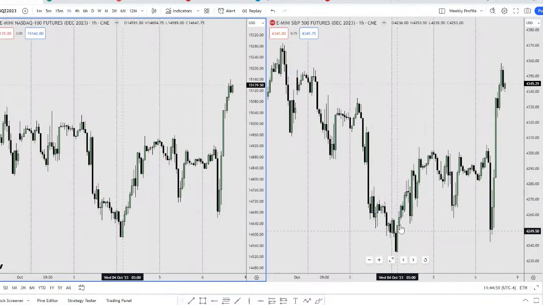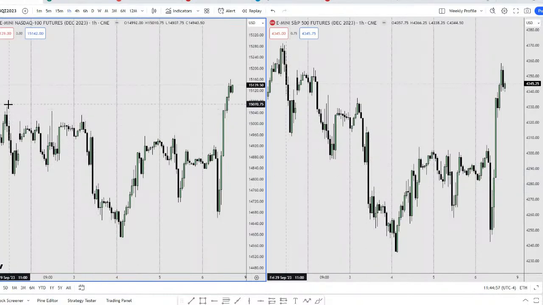And when it takes out this high, it might want to overextend due to Nasdaq's drawn liquidity here. You have the magnet right here. It's attracting the price to come up here because it has induced players into the market thinking that the market is going to start going down, and then they have engineered these highs as well.